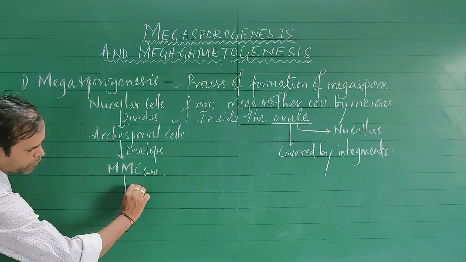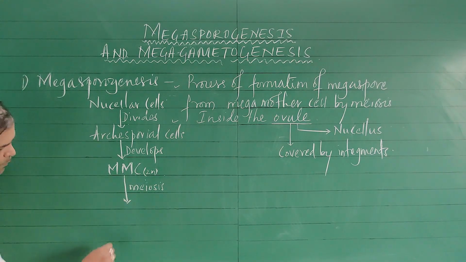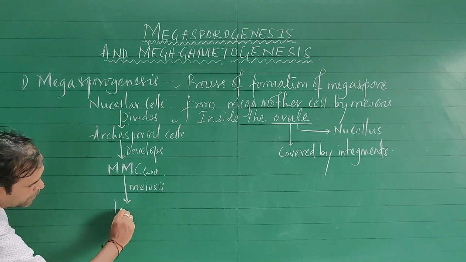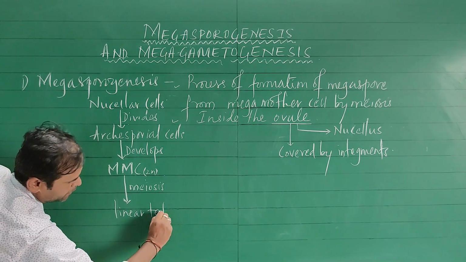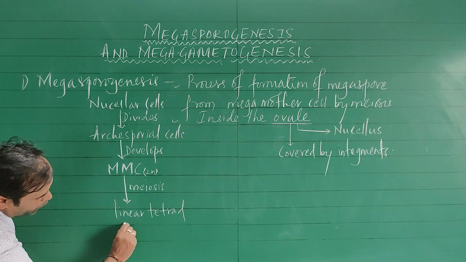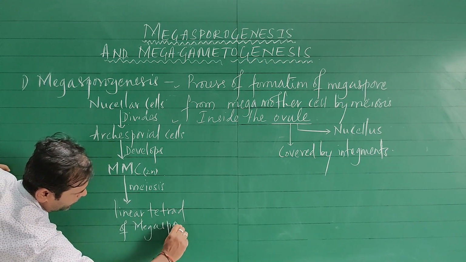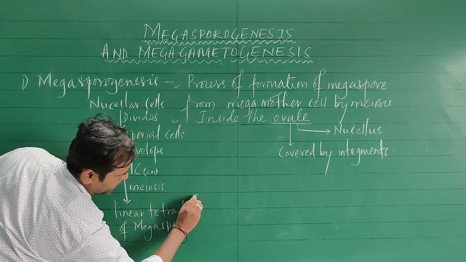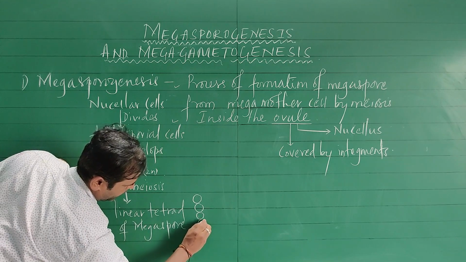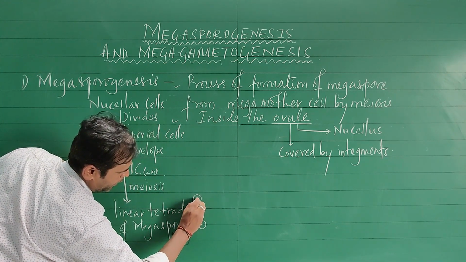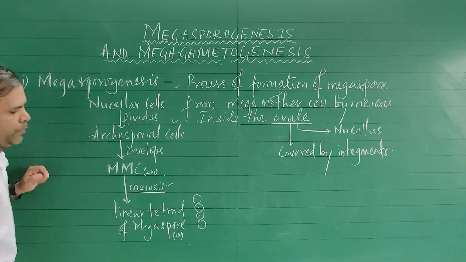undergoes meiosis and forms linear tetrad of megaspore. So here is the linear tetrad of megaspore. So 4 megaspores are formed, and all these 4 megaspores are haploid because it is undergoing meiosis.